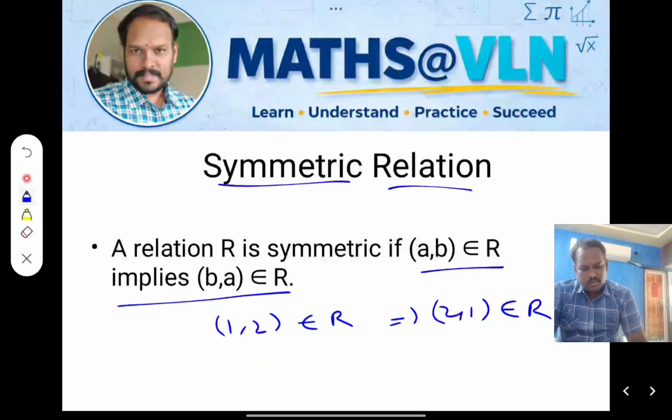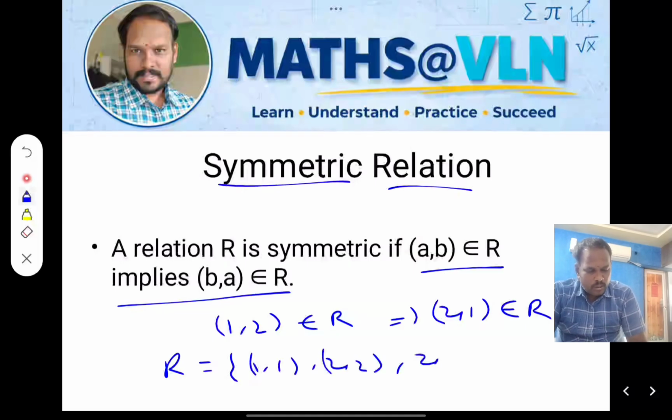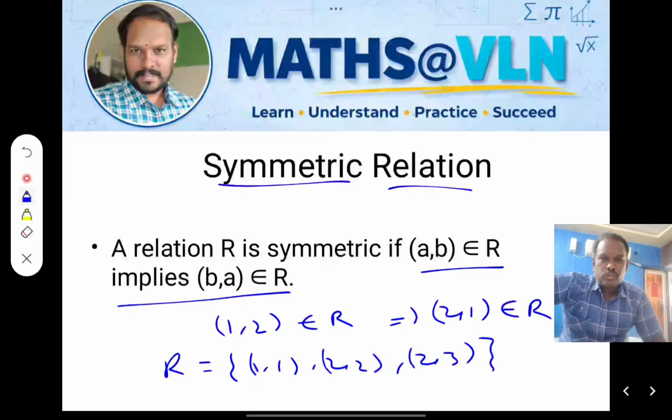You can consider an example for that. The relation R = {(1,1), (2,2), (2,3)}. Is it a symmetric relation? You have to check. In that set A, we have the elements 1, 2, 3.